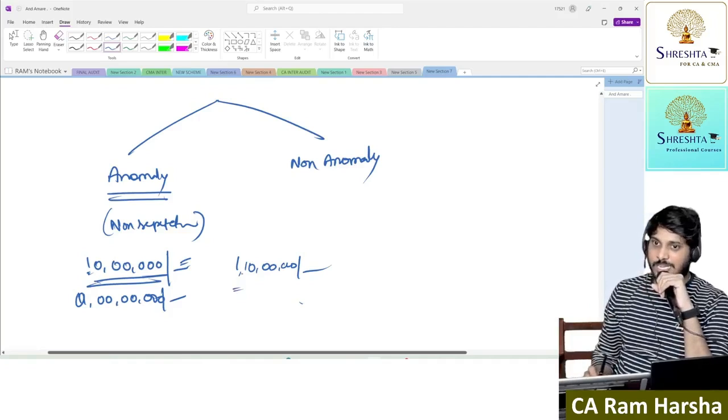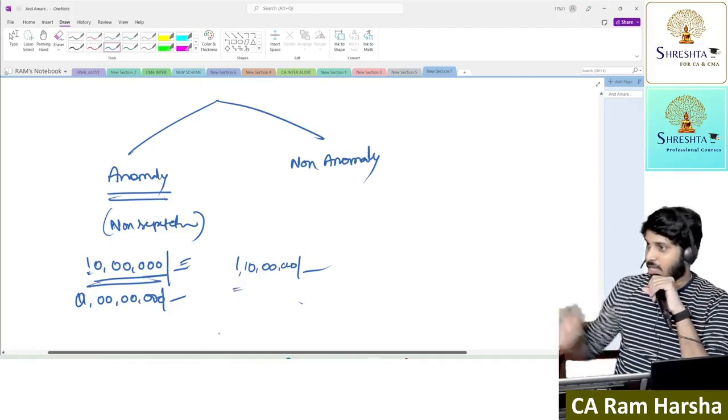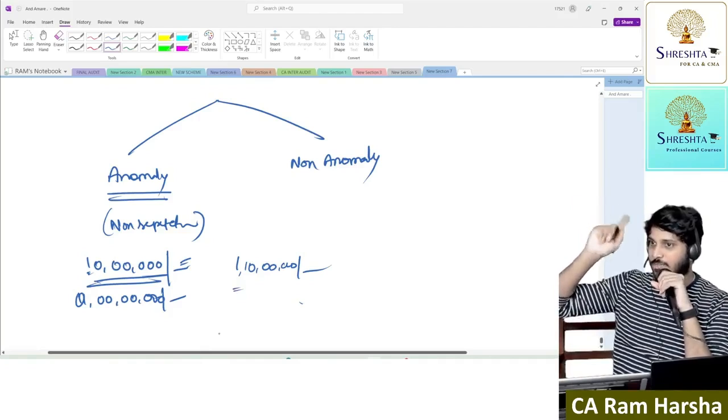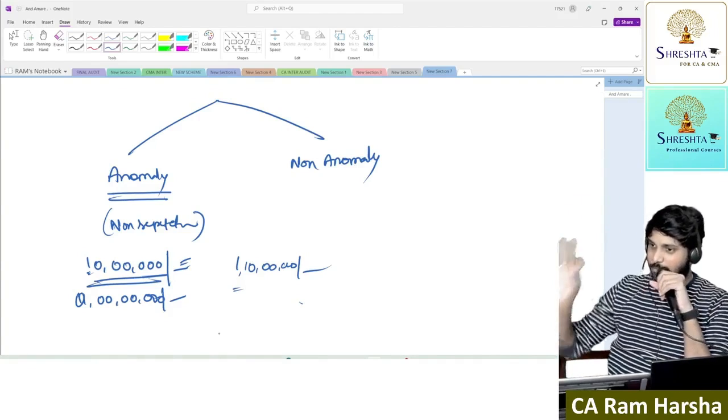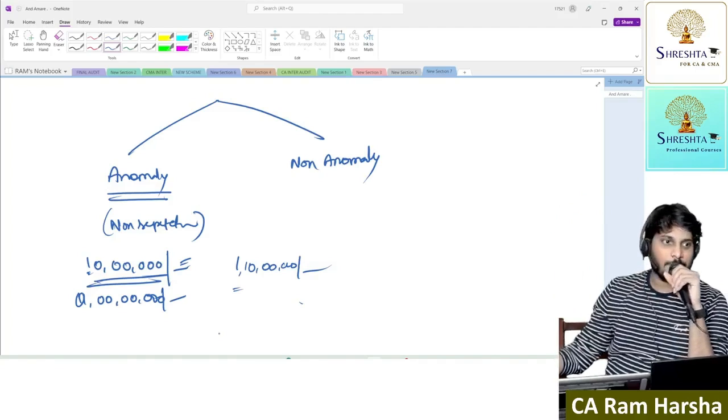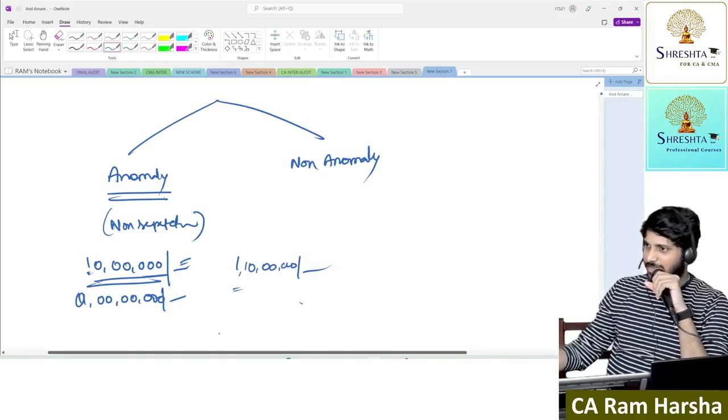I discovered this mistake. Now can I say every 10 lakh entry in the books is misstated by 1 crore? This mistake is there only in that sample. This is called an anomaly.